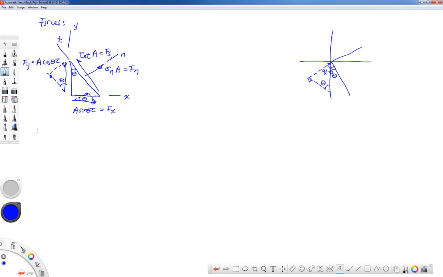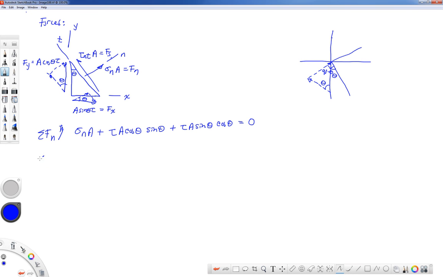All right, so if we do the summation of forces in the N direction, we have sigma N times A plus the component of this force, tau A cosine theta is the force, and we want the sine theta component. Okay, and in this picture, plus the force, tau A sine theta, and we want the cosine theta component equal to 0.